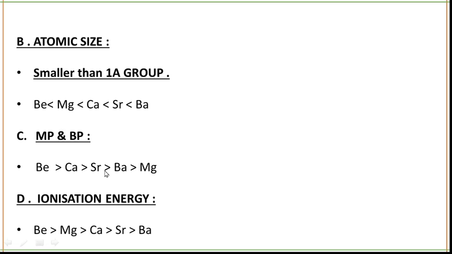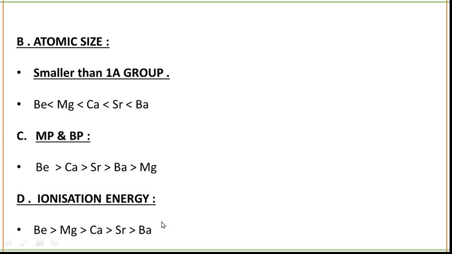Next is ionization energy. The first ionization energy is higher than that of group 1A because of the smaller atomic size and completely filled s orbital, while the second ionization energy is always less than that of group 1A.